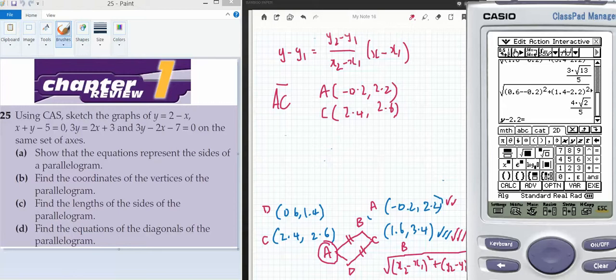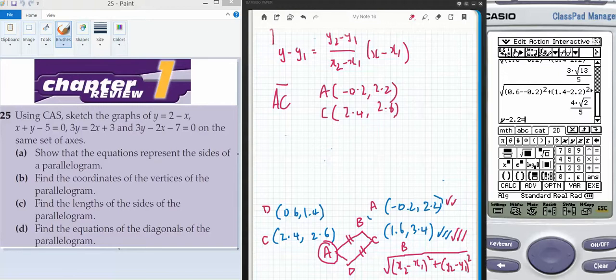Okay, the diagonal AC goes from point A to point C, and this is the coordinate of point A, and this is the coordinate of point C, and this is the rule that I'm going to use, the 2-point rule, which is y minus y1 equals (y2 minus y1) over (x2 minus x1), bracket x minus x1.